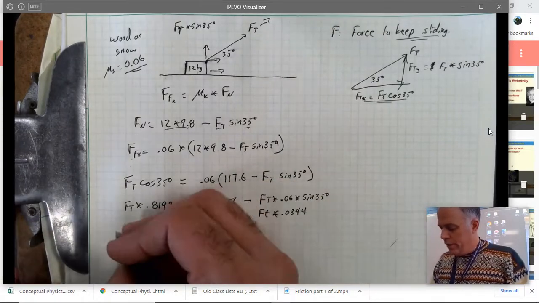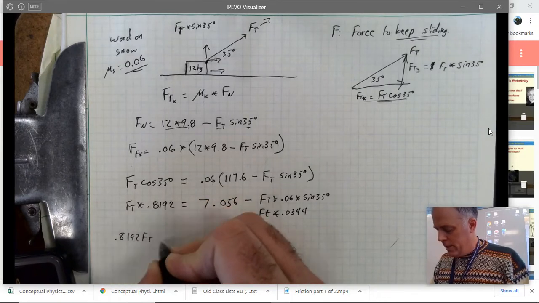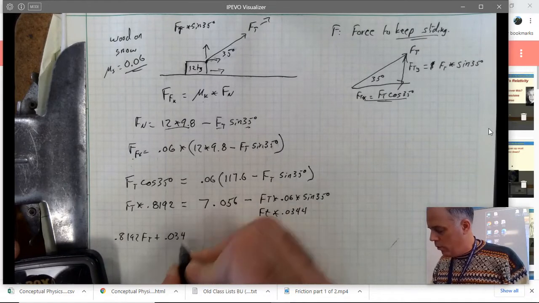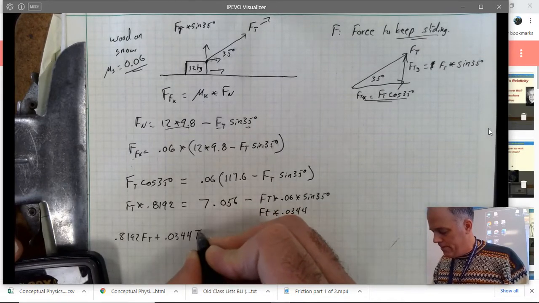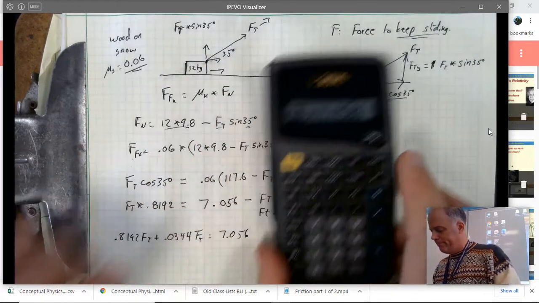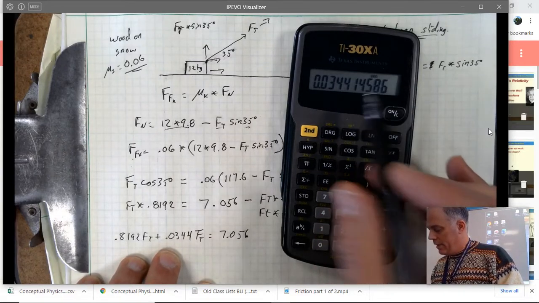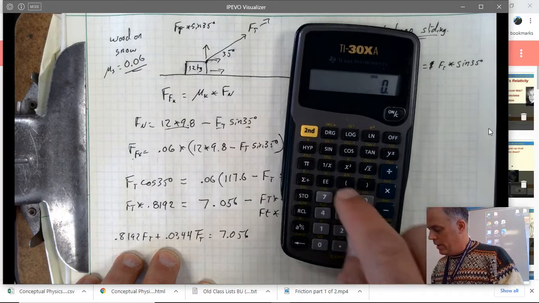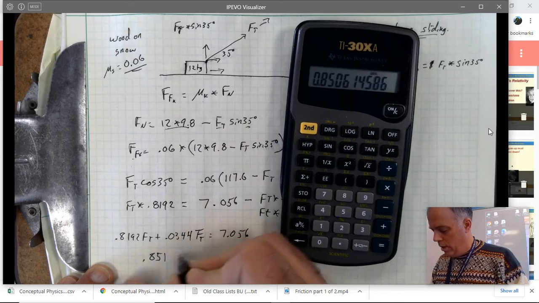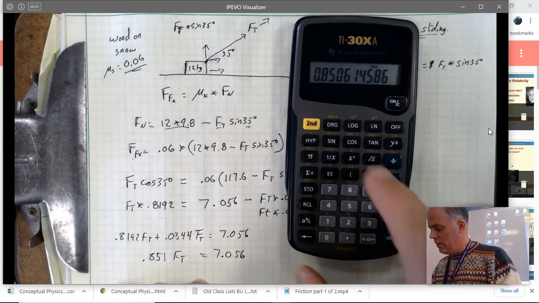So now we're going to add this over on this side. So we get 0.8192 Ft plus 0.0344 Ft equals 7.056. So we're going to add this plus 0.8192 and we get 0.851 Ft equals 7.056.